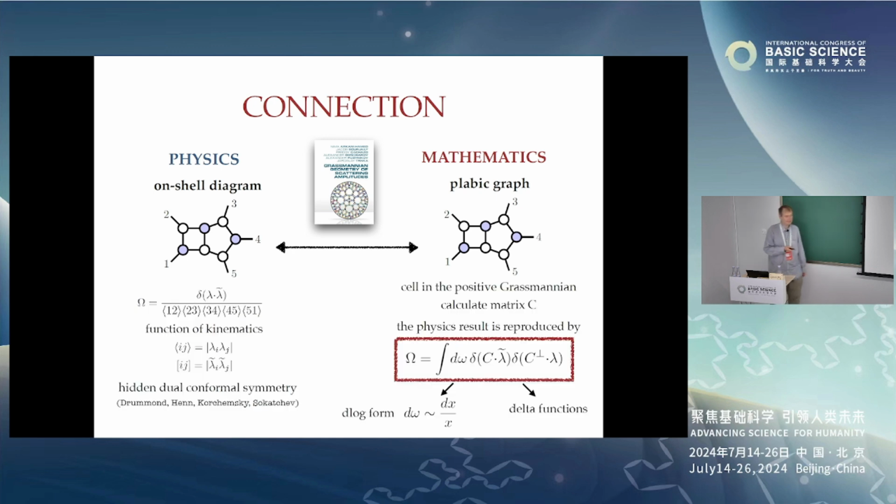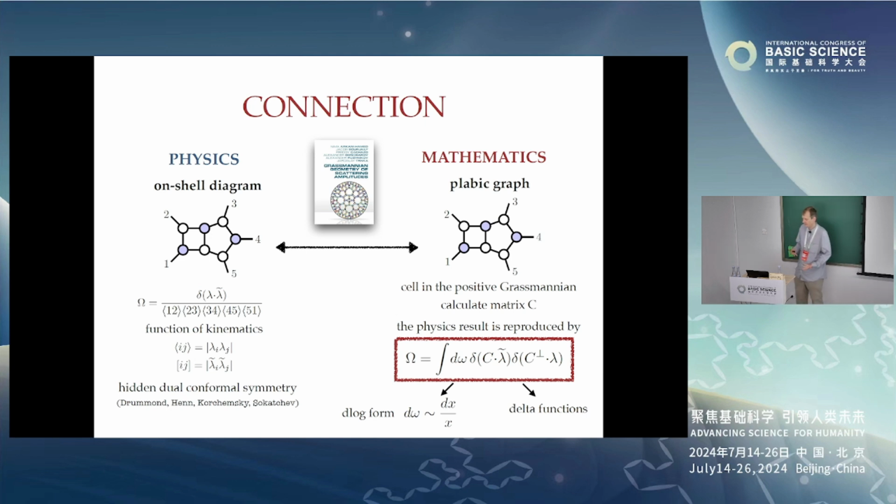Now the connection is that the result in physics that you get from gluing together 3-point amplitudes in these corners, which is what is done in these unitarity methods, giving some result in terms of kinematical variables, here written in terms of spinor helicity variables for massless particles in 4D, the same result can be obtained from the mathematical side using this C matrix and writing some simple differential form on this positive Grassmannian, and then relating the variables of the C matrix to kinematical variables on the other side of physics.